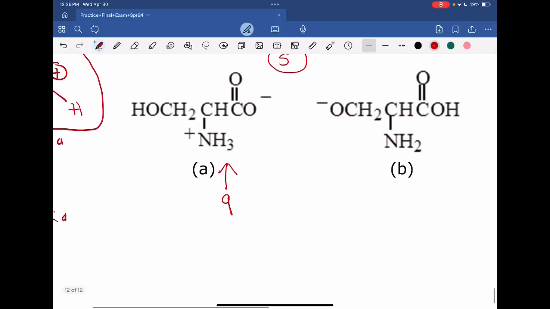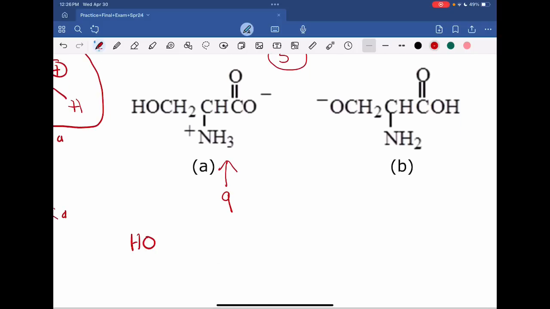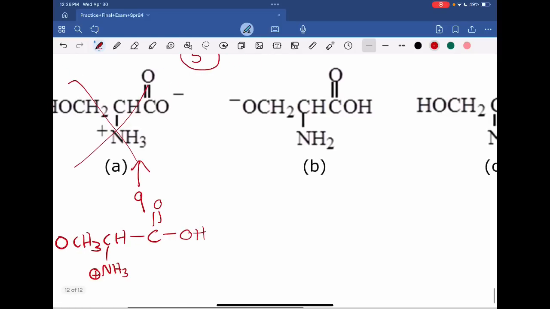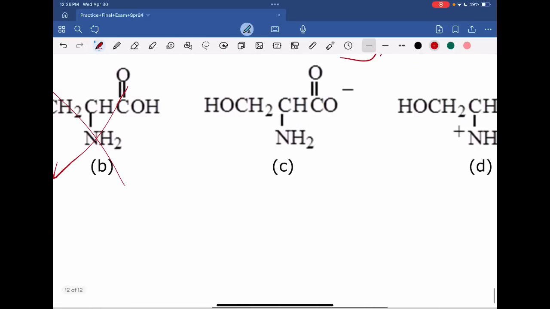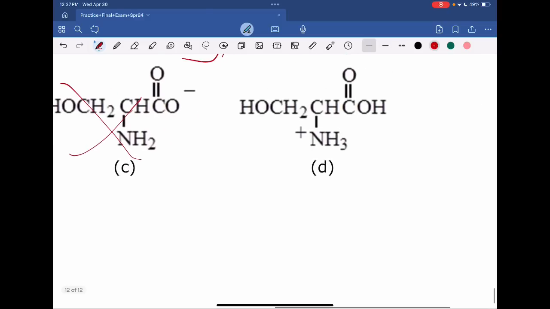So the final molecule should look like HO, CH2, CH, NH3 plus, COOH. So it's not A, it's not B, not C, it's D.